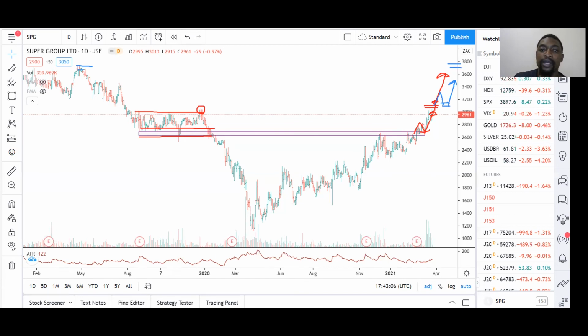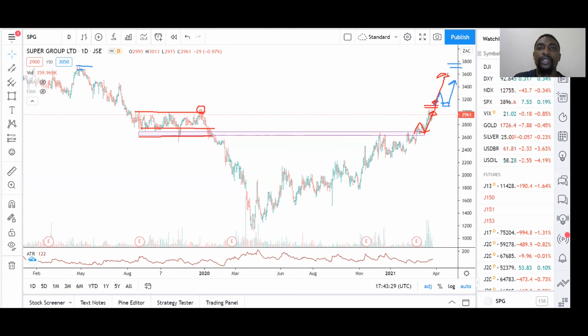So yeah, these are the three stocks that we are looking at. We've already added them into our portfolio, but now we are looking for areas of value where we can add onto our existing positions. We always like to buy stocks near an area of value because there we can have a favorable risk to reward ratio.